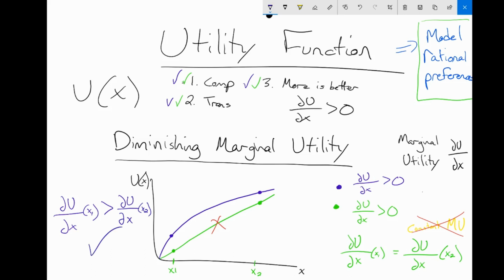This checks out. This exhibits diminishing marginal utility. That means I get more additional utility from the first unit than I get from the second unit. So this purple curve is going to satisfy it.